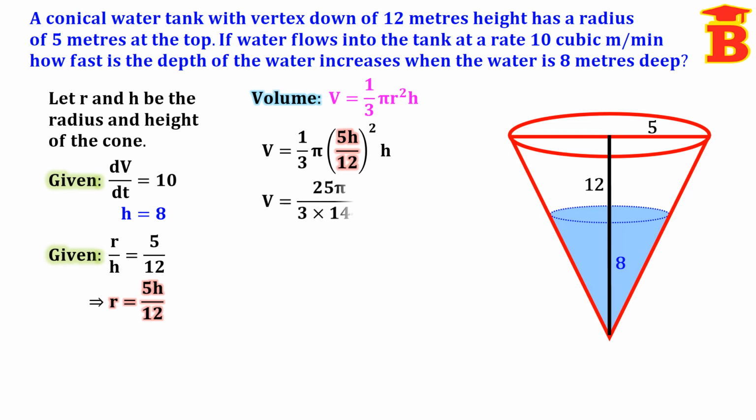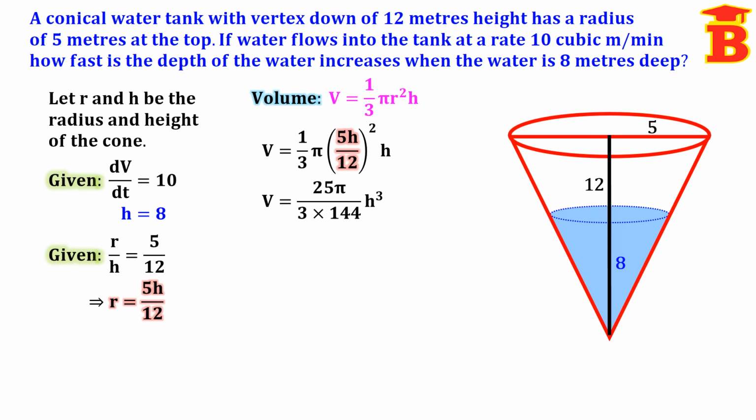This is equal to 5 square, 25 pi, divided by 3 into 12 square, which is 144, into h cube. Here we have h square into h, that is h cube.